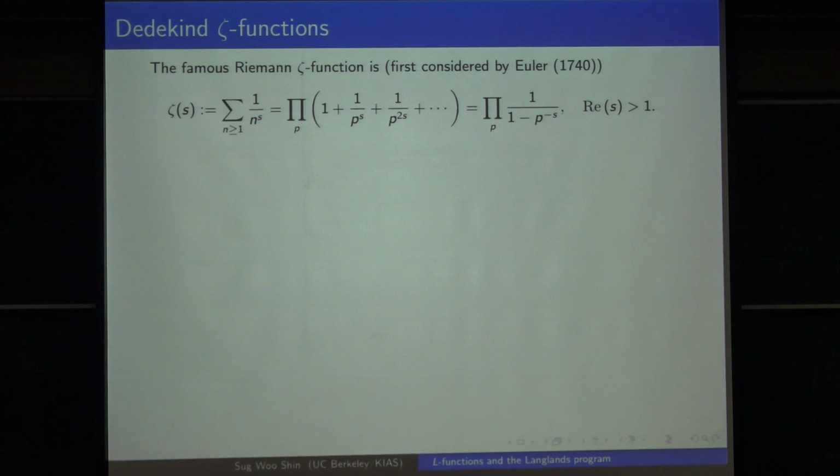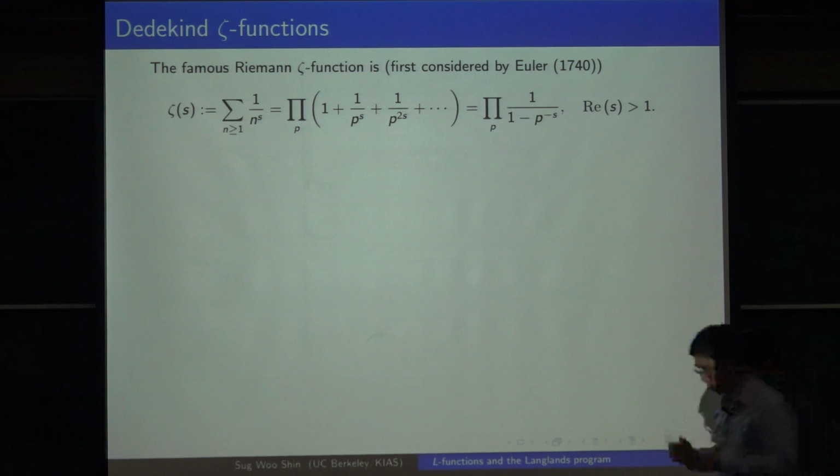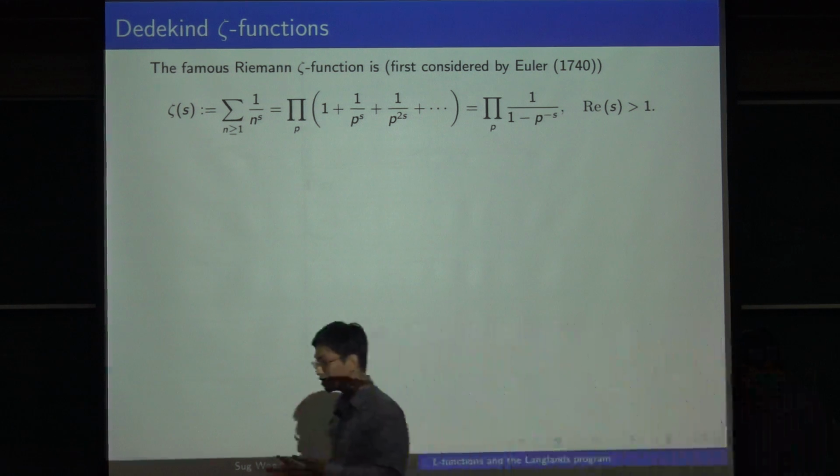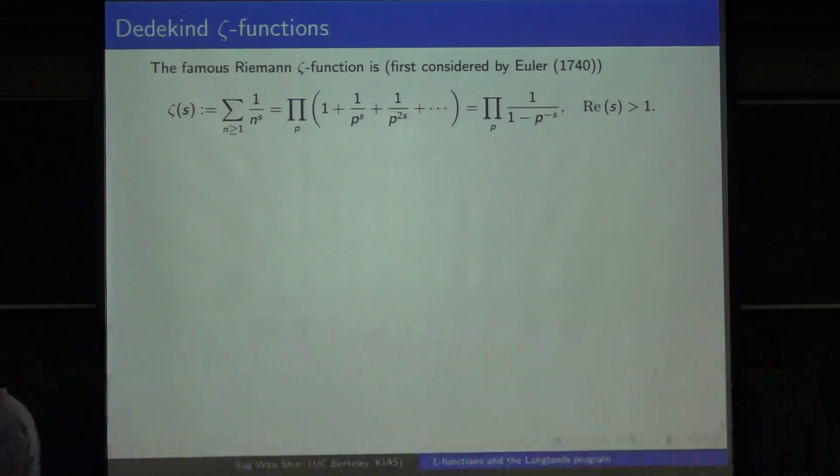So what is the Riemann zeta function? It is given by this infinite sum of 1 over n to the s, where n runs over positive integers. And what do you think of when you learn about an infinite series?